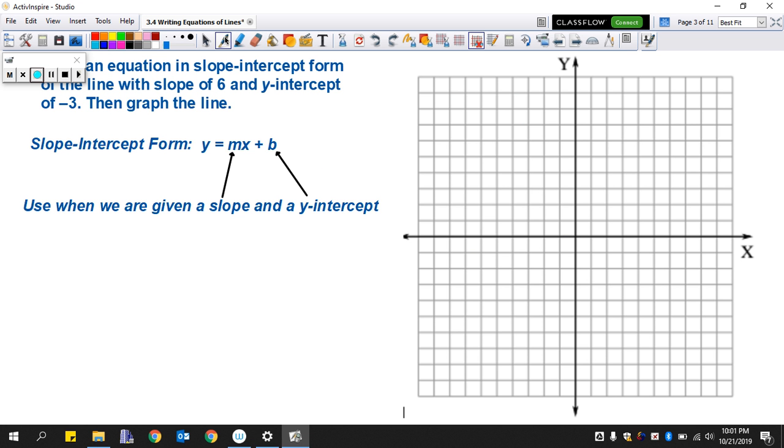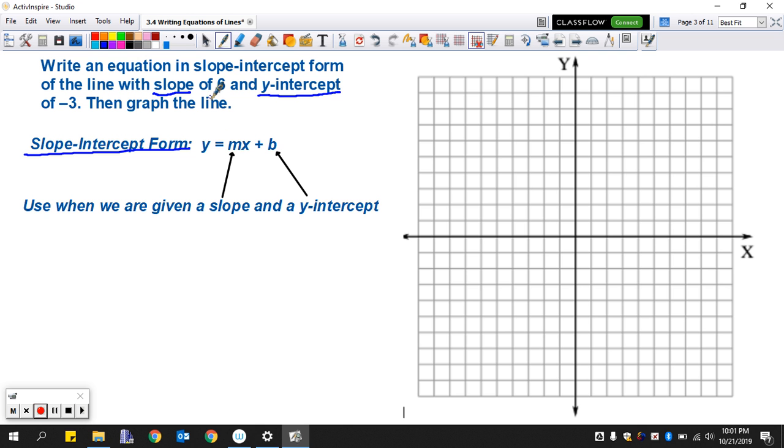All right. So for the first couple examples, the first thing says to write an equation in slope-intercept form of the line with a slope of 6 and a y-intercept of -3. So once again, we have a slope and a y-intercept, so we're going to use the slope-intercept form.